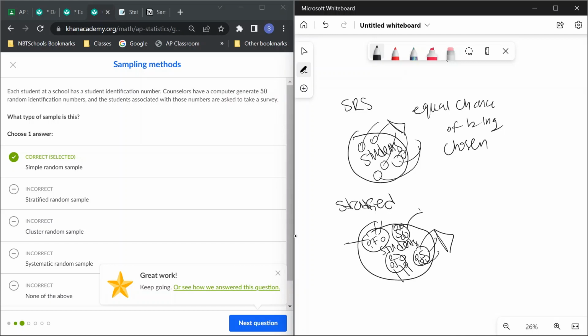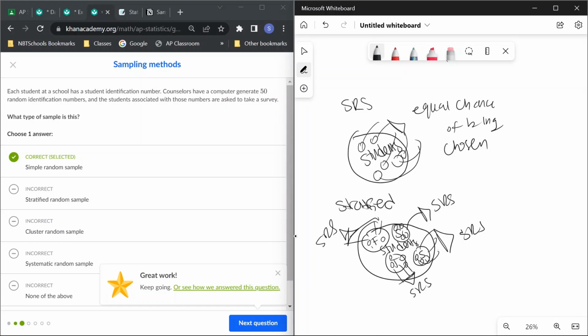That's one SRS. This is another SRS, and so there you would have a random sample. This is so messy, but it's fine.